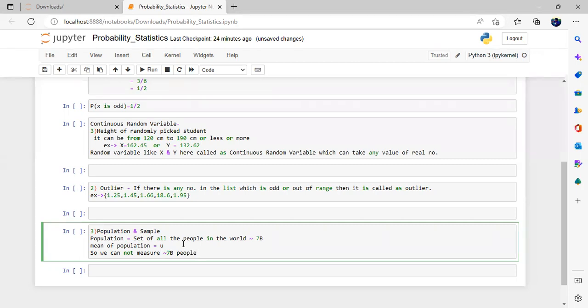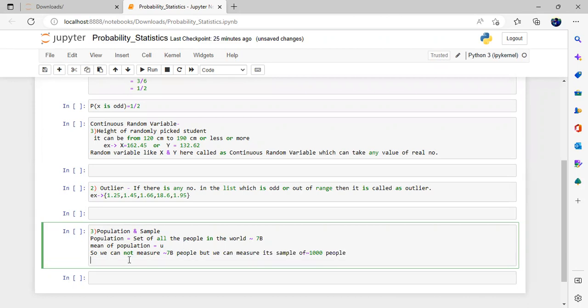But we can measure its sample of approximately 1000 people, right? So our X bar, I don't know how to write it, so assume this as a bar.